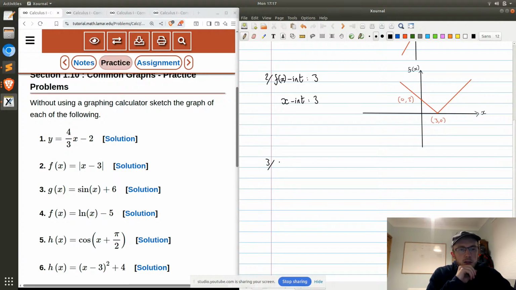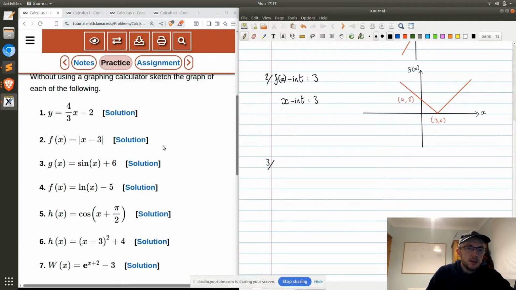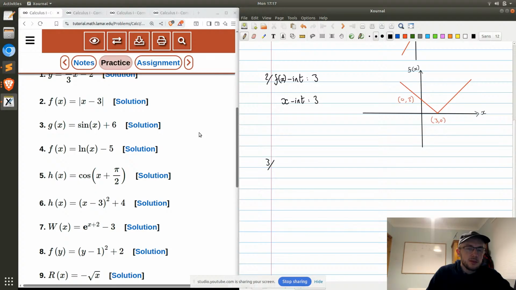Okay, so this will look like the sine of x graph, except translated up by 6 units. So, what can I say about this?